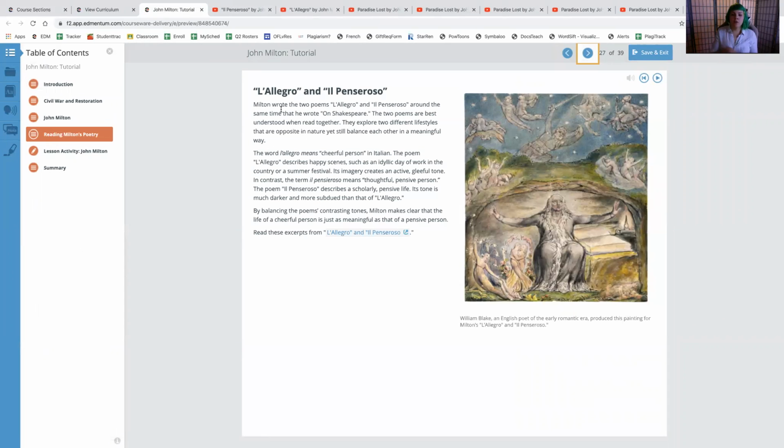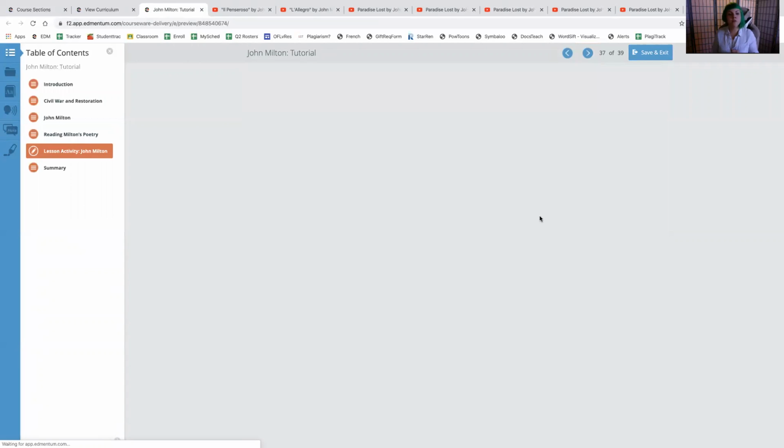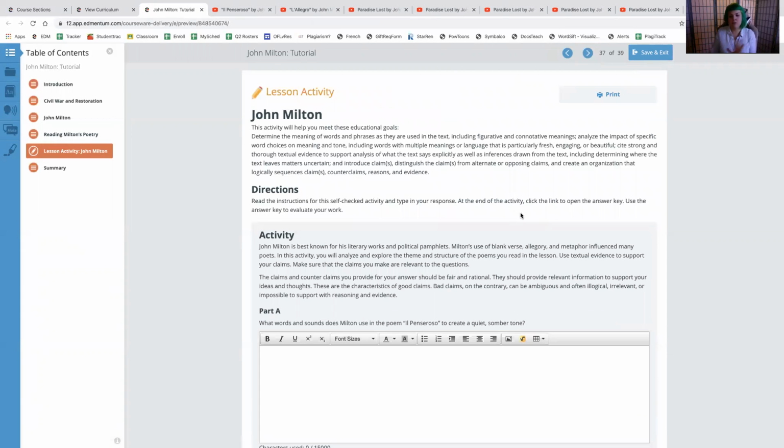So there's these paired poems that go together, L'Allegro and Il Penseroso. I'm going to put them up on the screen and then have a reading playing in the background from a video of them, because it's just a lot.